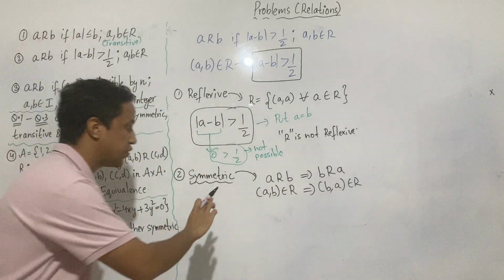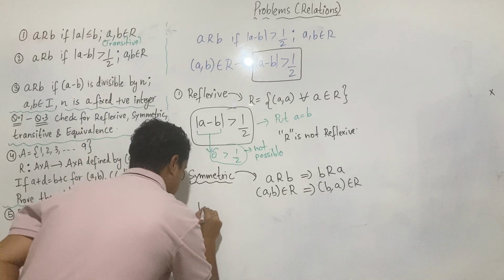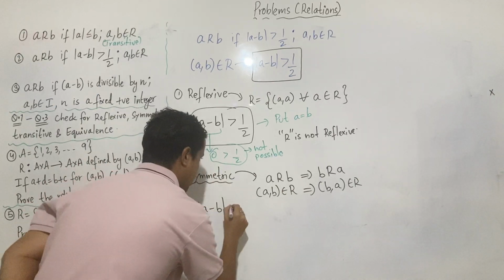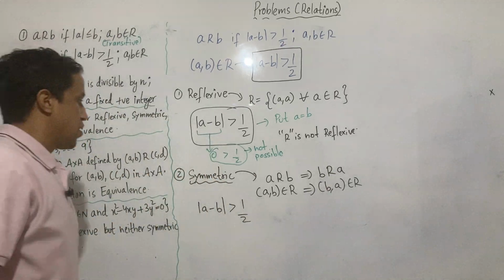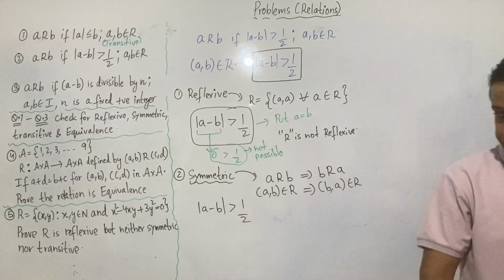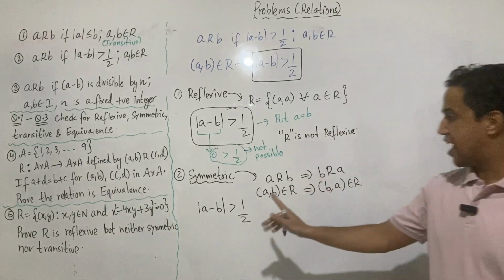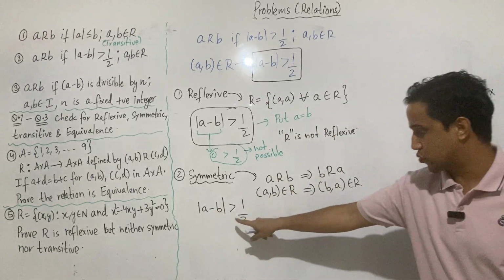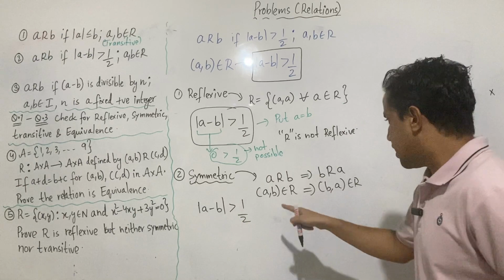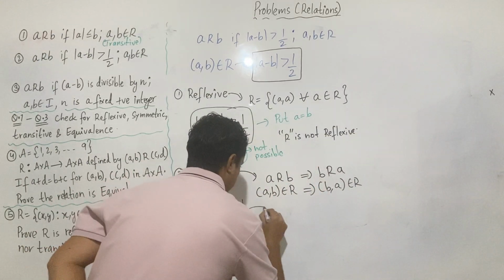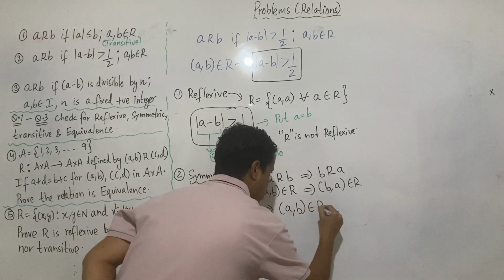This is what the symmetric relation says. Let's apply it here. Mod of A minus B is greater than 1 by 2, and this defines that (A, B) belongs to the relation.